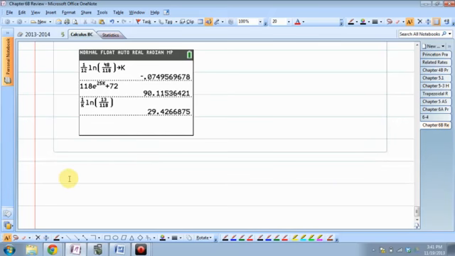Great. Let's start with question 1. So we have this integral. It's a wonderful integral.